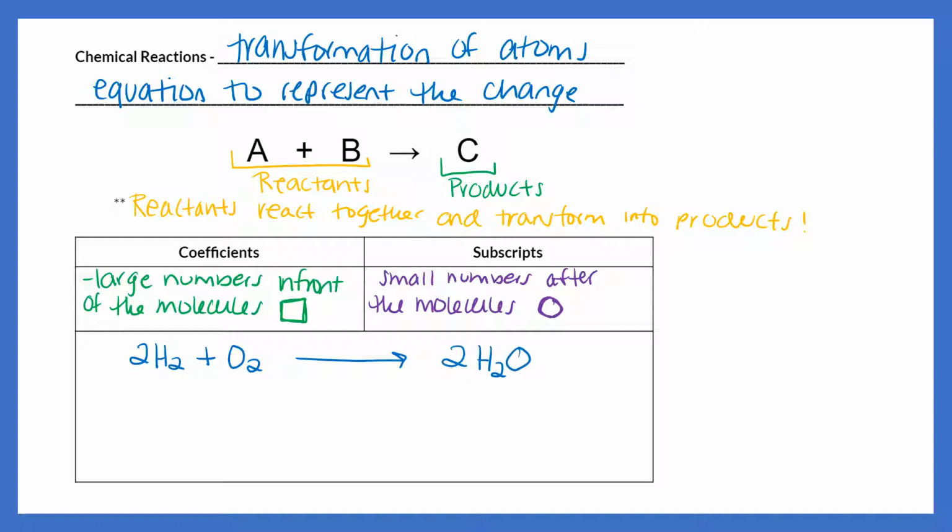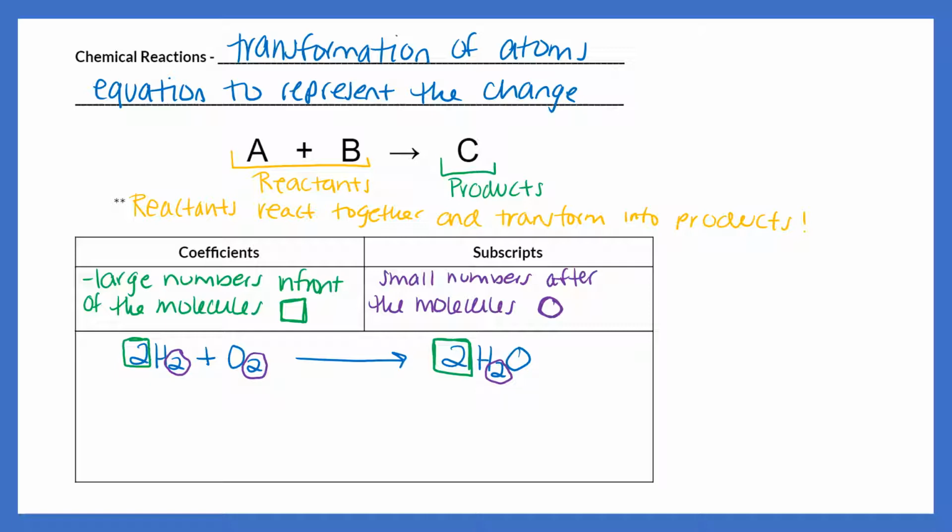Okay, so our coefficients are this large 2 and this large 2 on both our product and reactant side. And our subscripts are the little 2 here on the reactant side, the little 2 there on the reactant side, and the little 2 there on the reactant side. So let's take a look at this.